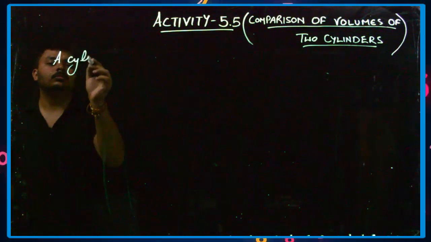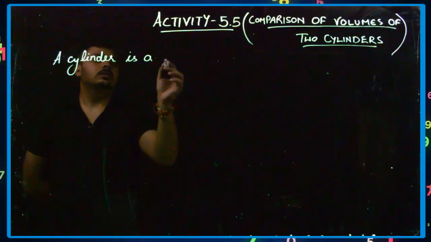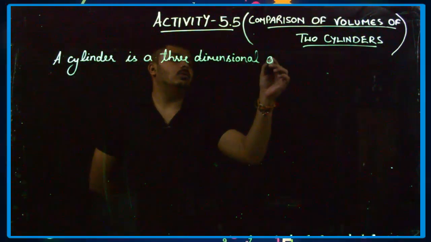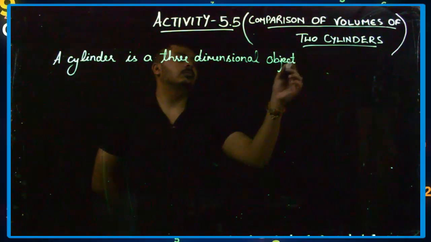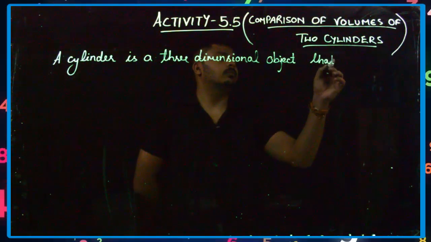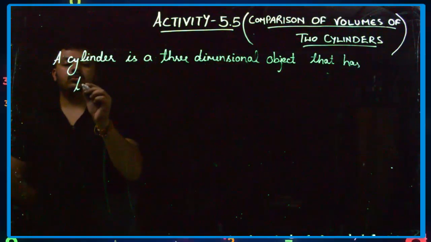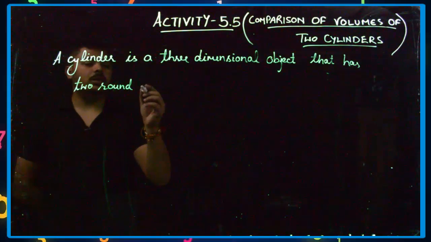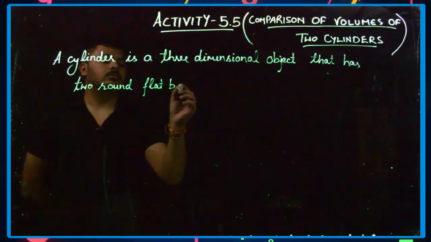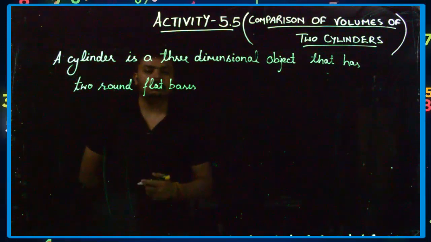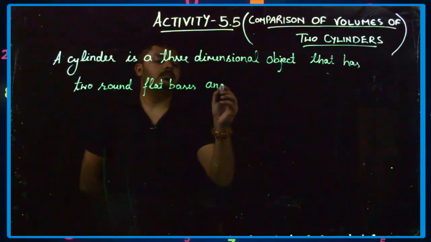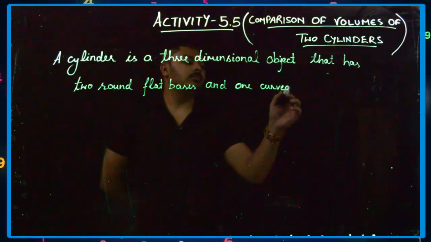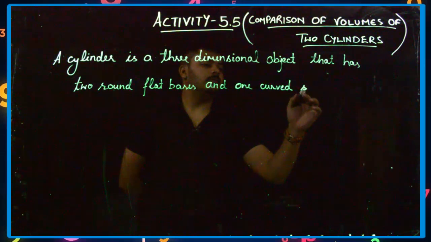So a cylinder is a three-dimensional object that has two round or circular flat bases, that is at the bottom and at the top, and one curved surface.